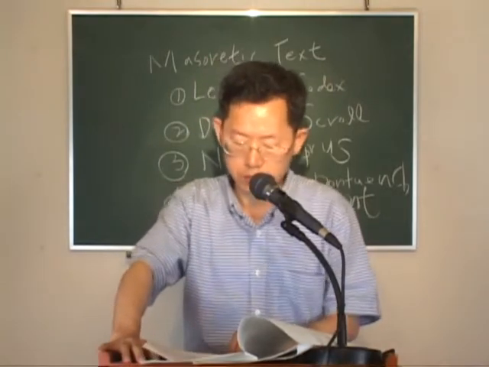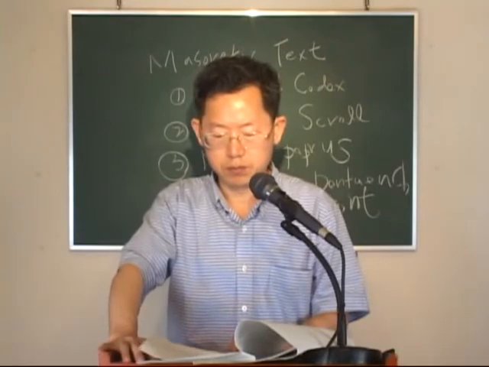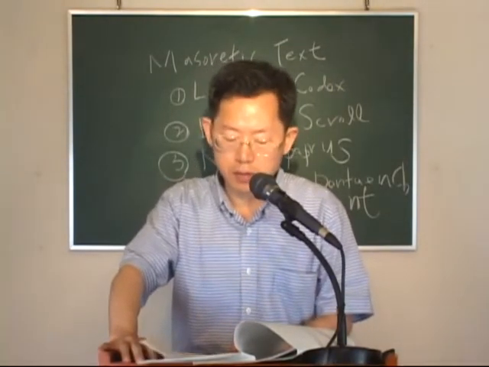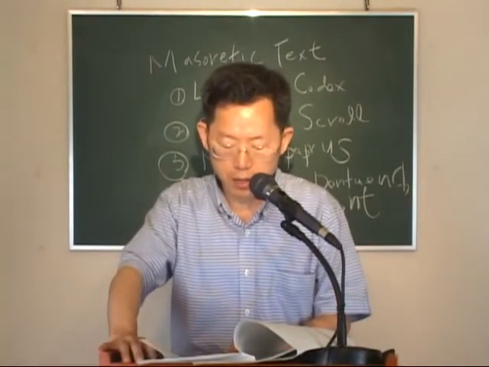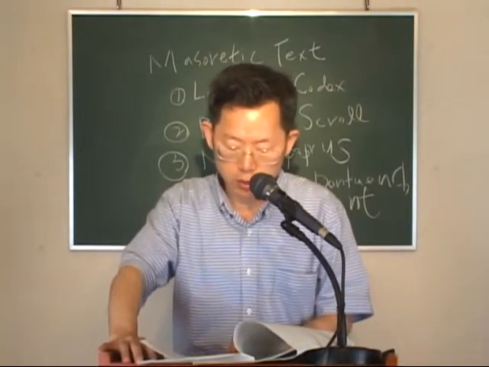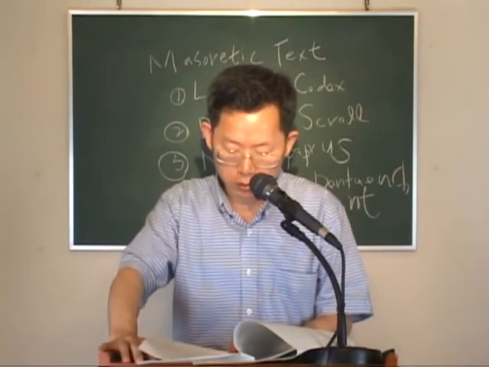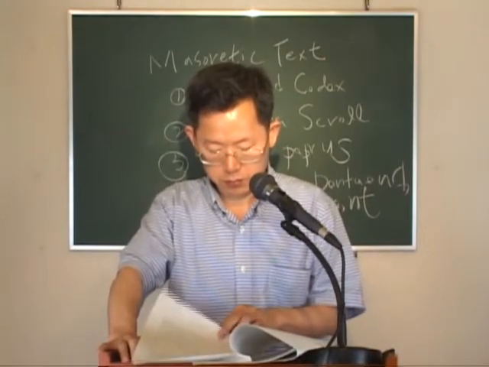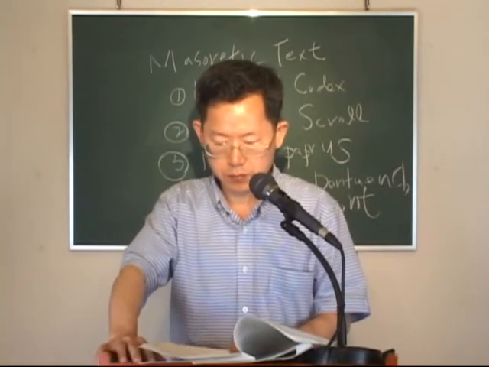If we look at the word from 1 Chronicles chapter 1 to 9, we see a genealogy with people's names. The genealogy starts with Adam and lists the names of those who returned from captivity.